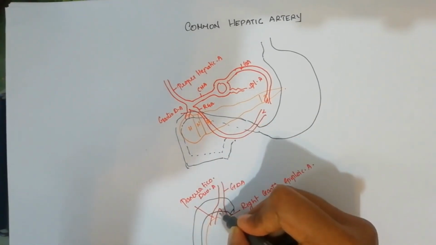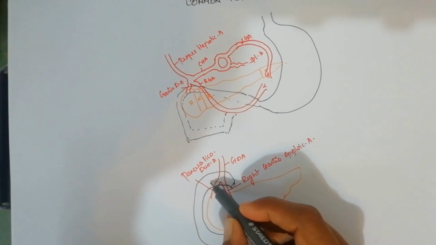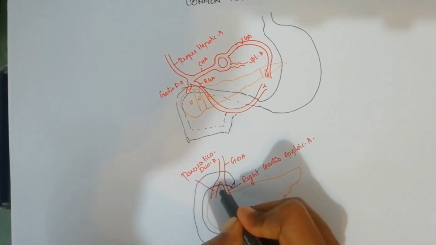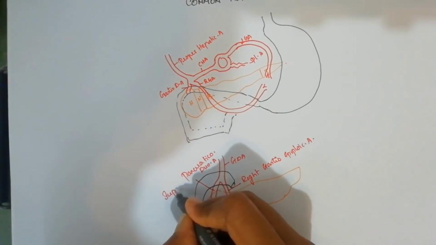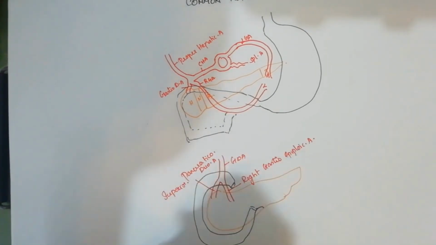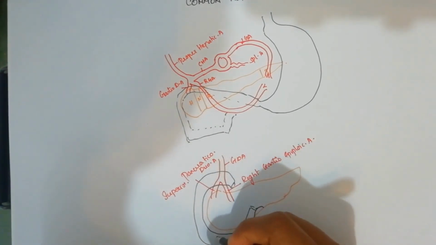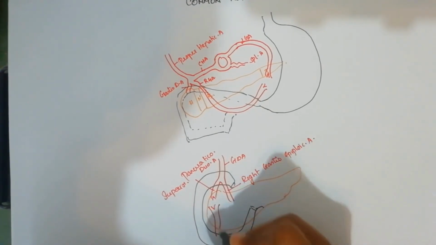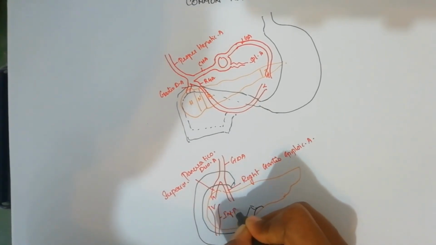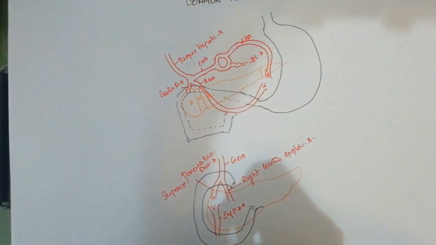We can make out this is present between the duodenum and pancreas, and it is present in the superior part of the pancreas. So we can call that the superior pancreaticoduodenal artery, which is going to anastomose with the below part, that is the inferior pancreaticoduodenal artery, which is a branch coming from the superior mesenteric artery.